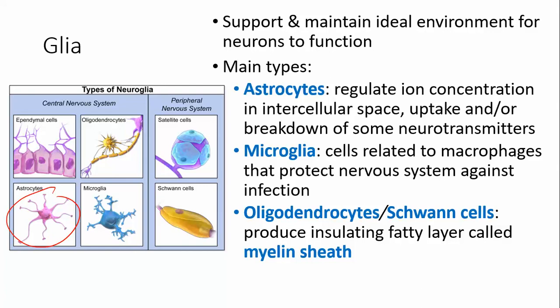And then microglia are not quite nervous cells. They are related more to cells from the immune system, but they're your brain's own personal army, and they will patrol just the brain to help protect it against infection. And then finally, we have these other cells, oligodendrocytes and Schwann cells, and their job is to make this fatty covering that insulates neurons called the myelin sheath.